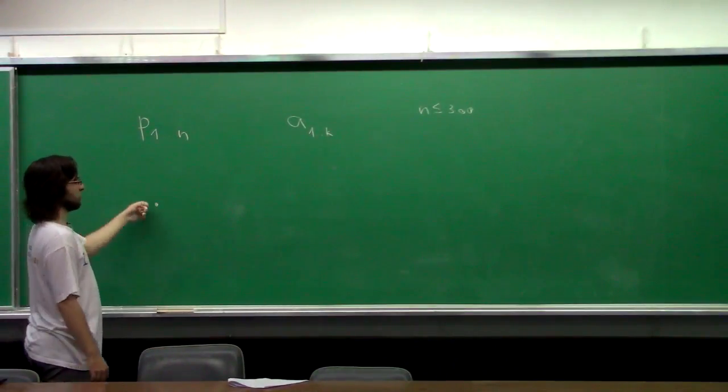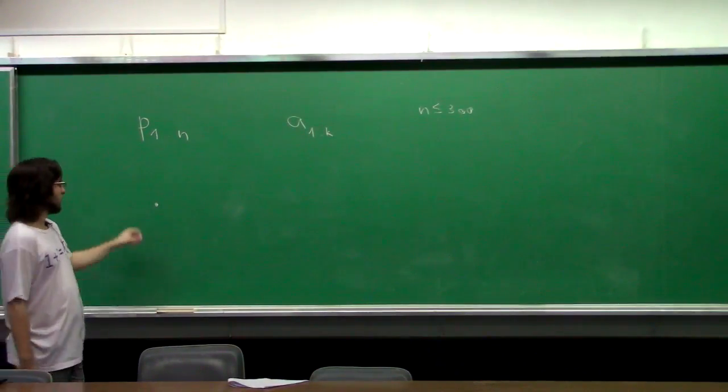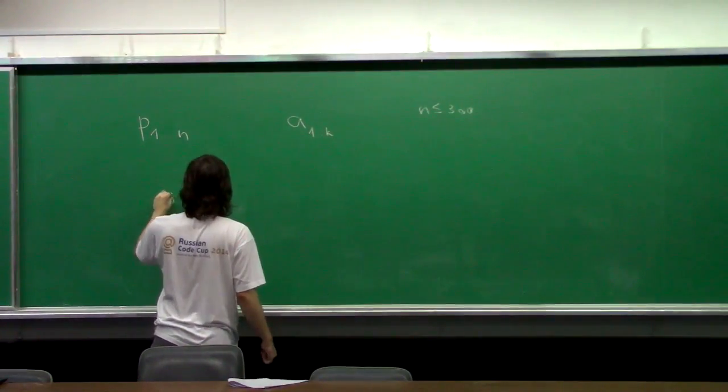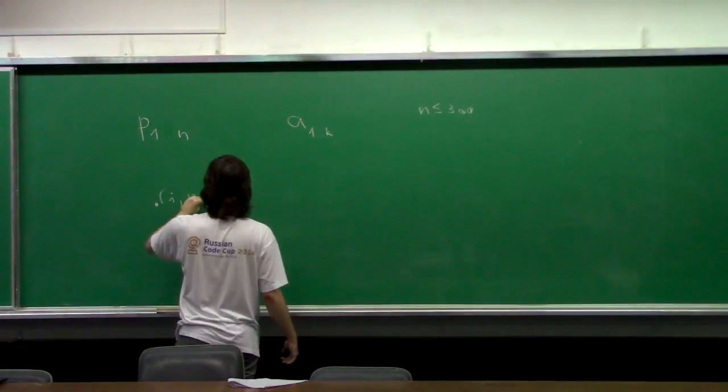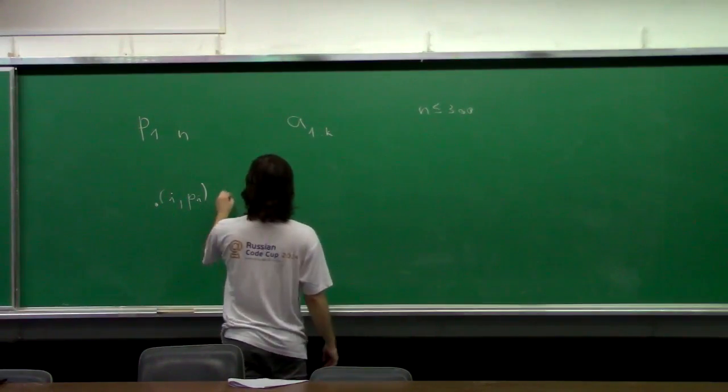So if we draw the numbers of the permutation in a two-dimensional plane, at x equals i, we have y equal to pi. So points i, pi are drawn like this.